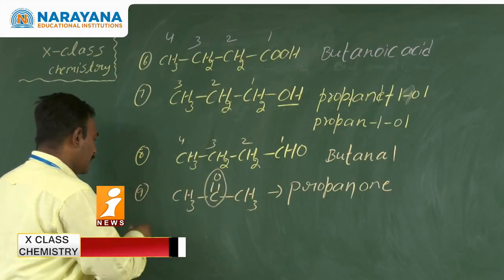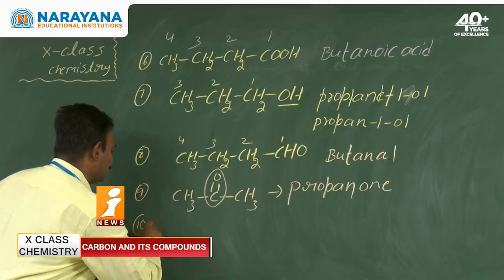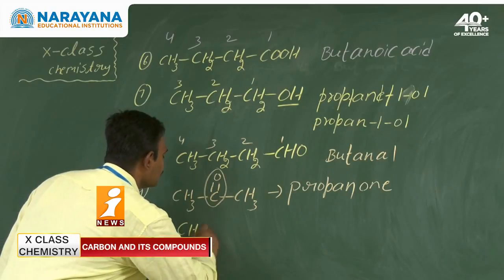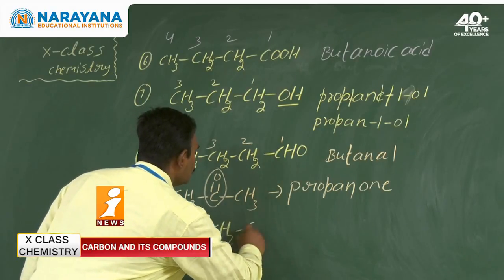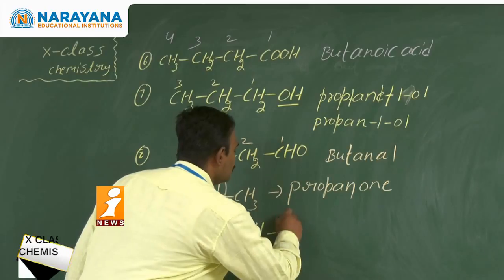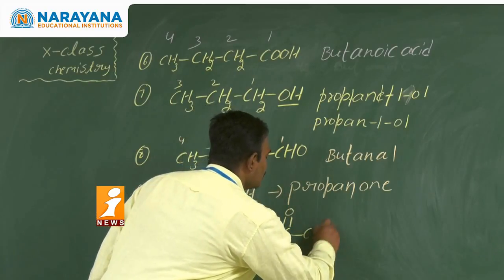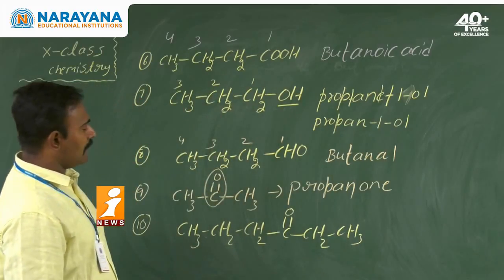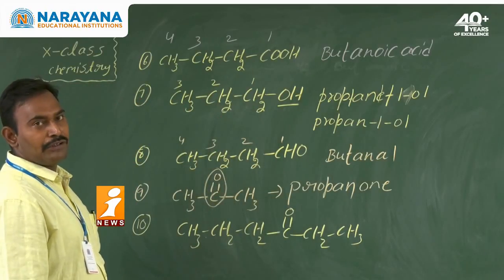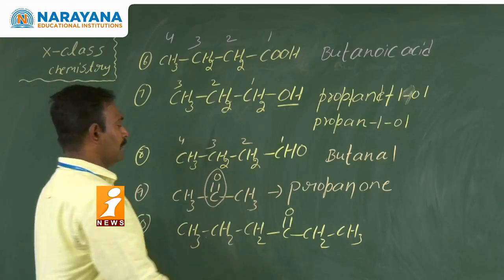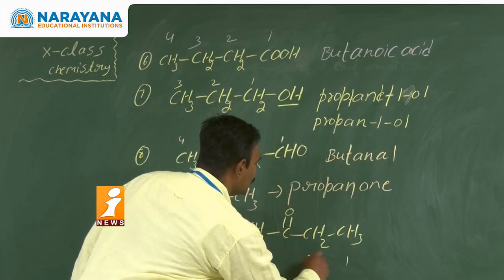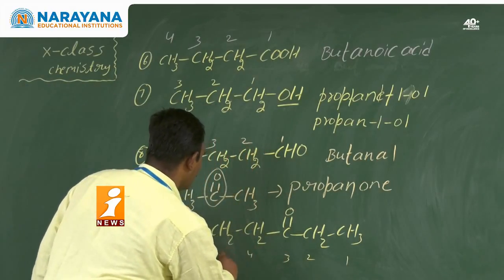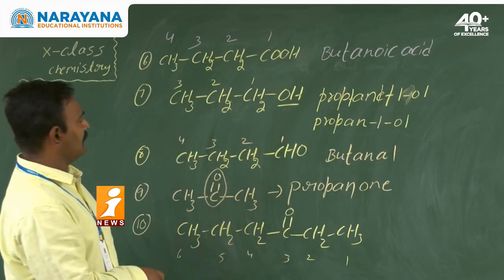Now the same example taking more carbon atoms: CH3, CH2, CH2, C=O, CH2, CH3. Now we can give the numbering such that the keto group gets the least number. 1, 2, 3, 4, 5, 6.